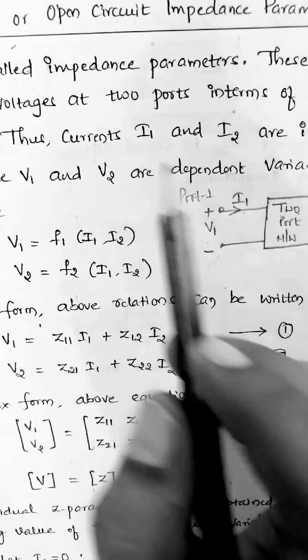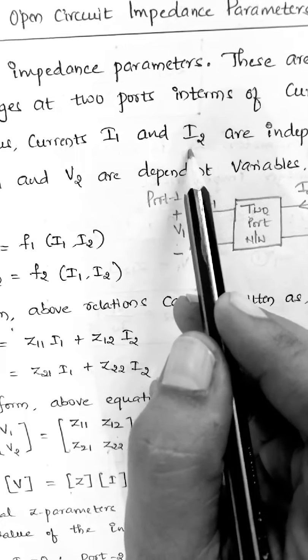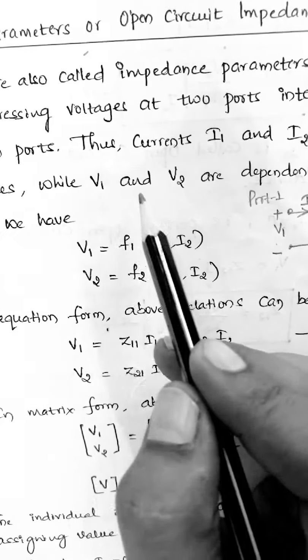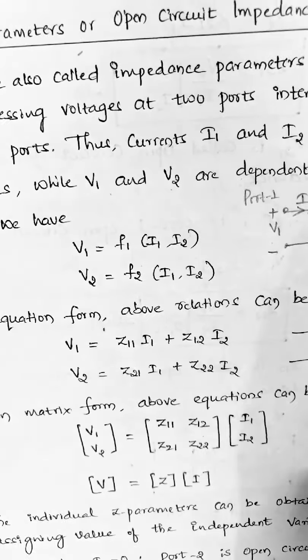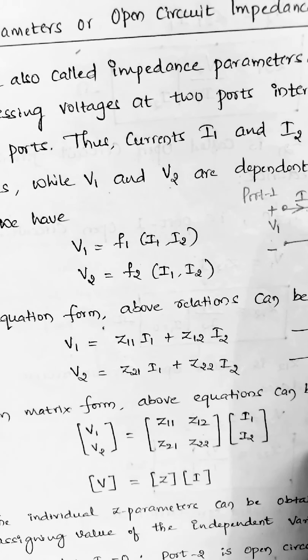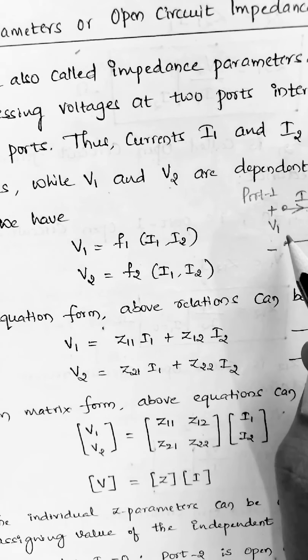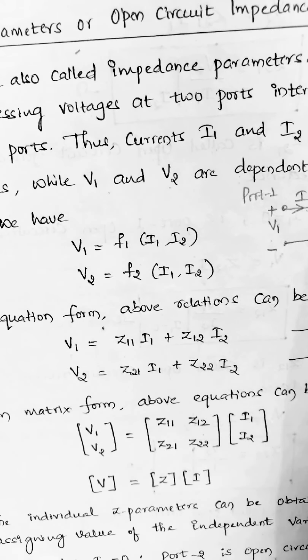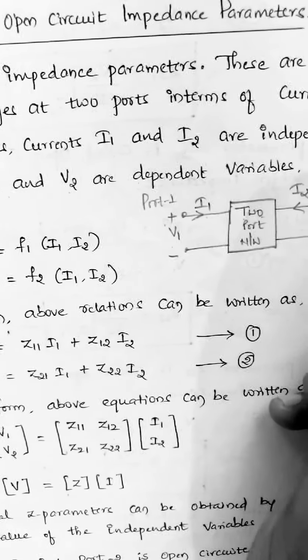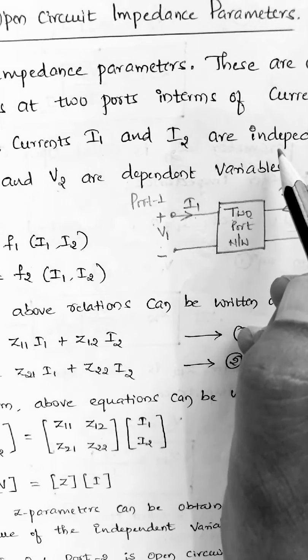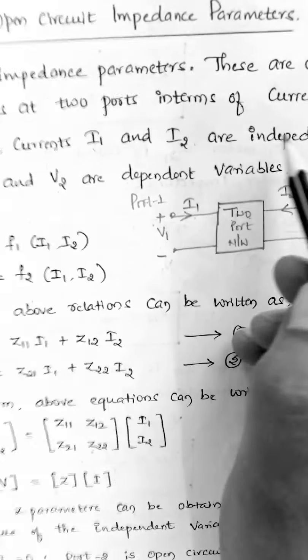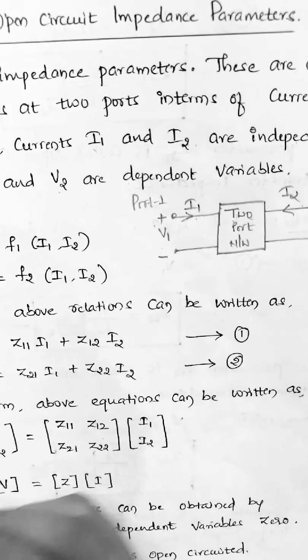Thus currents I1 and I2 are independent variables, while V1 and V2 are dependent variables. Once again, we get impedance parameters or Z parameters by expressing voltages V1 and V2 in terms of independent variables I1 and I2. Then only we are getting Z parameters.